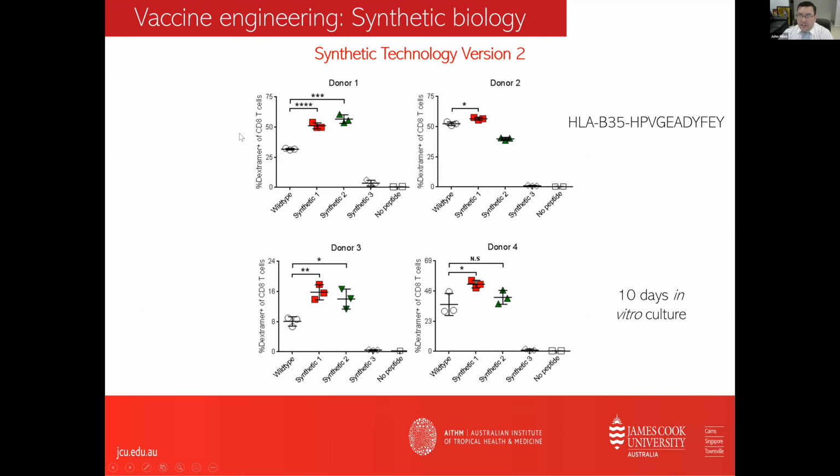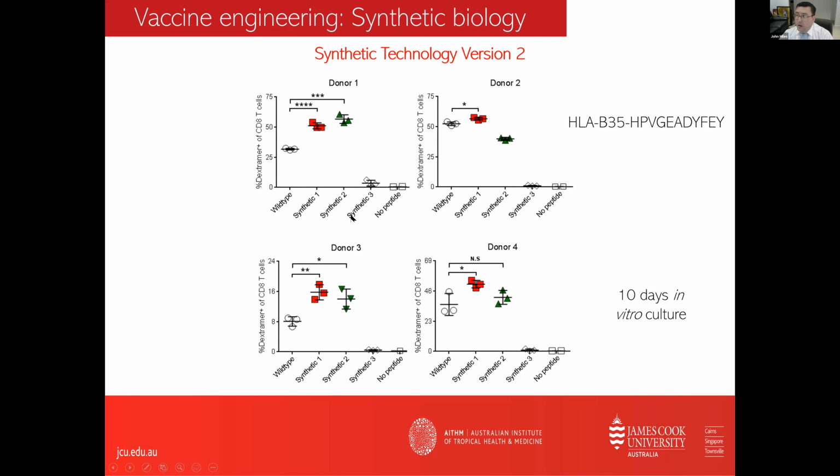And these are just some examples showing that it's reproducible across donors. So all 4 donors respond. So here's wild type, synthetic 1, synthetic 2, synthetic 3 didn't work. We find that occasionally. I don't really want to spend the money to find out why. And no peptide control, which we didn't get a response for.